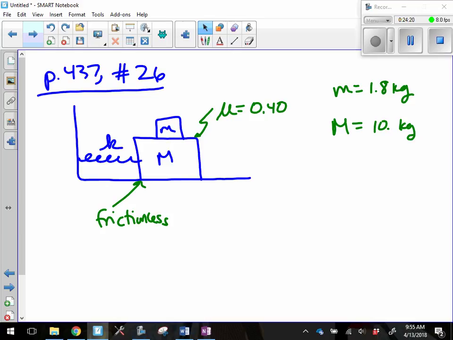So that means I want to find the maximum amplitude so that those two things don't slip. Can you picture this in your head? I've got my two blocks sitting on top of each other, moving back and forth, and there's a friction force between them that keeps them from slipping over each other.